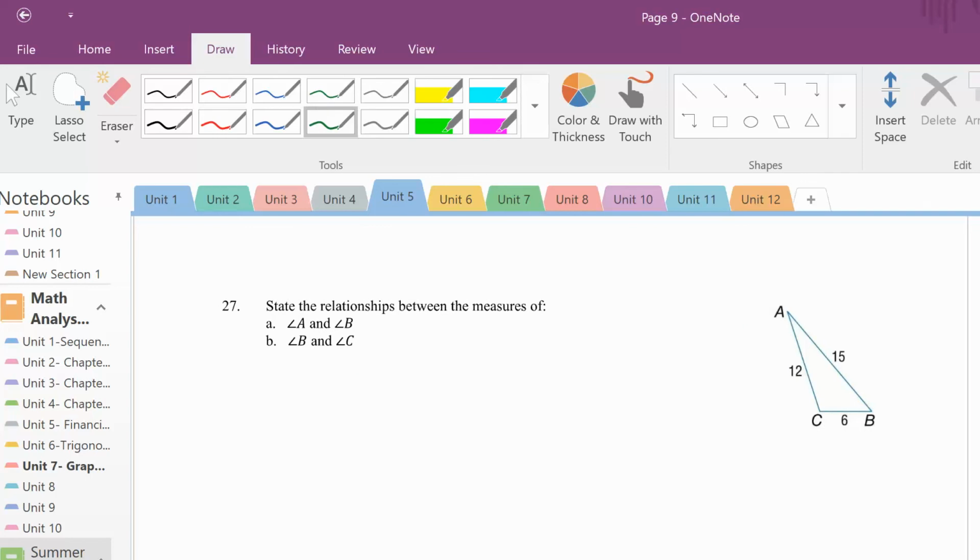Then it says state the relationships between the angles. Well, angle A is the smallest one because it's opposite the smallest side, so for part A, angle A would be less than angle B. And then for part B, C is the biggest one, so angle B would be less than angle C.